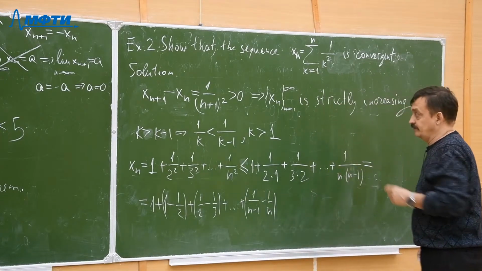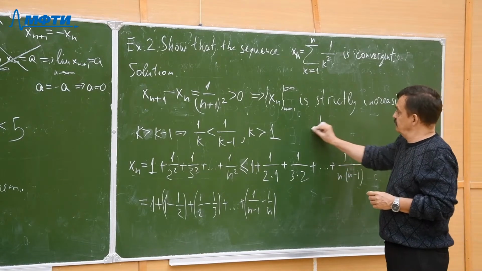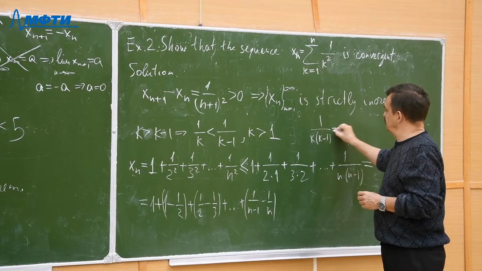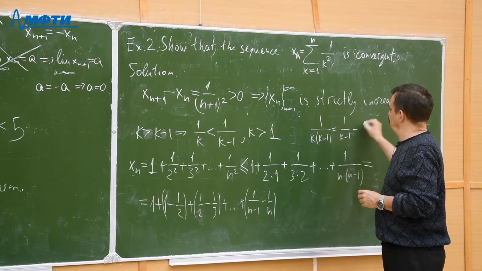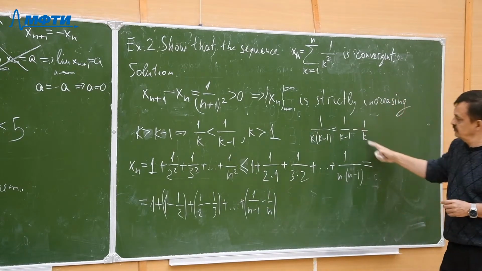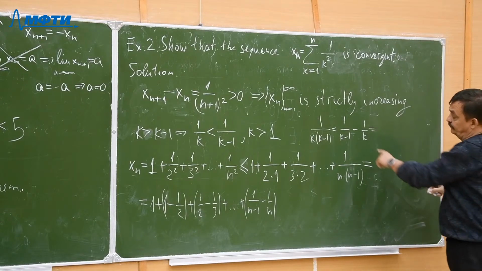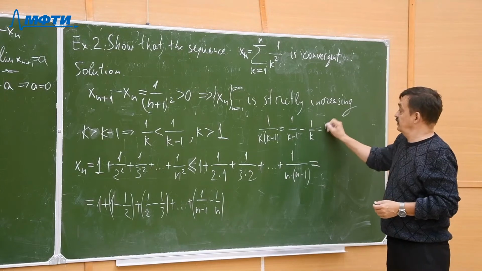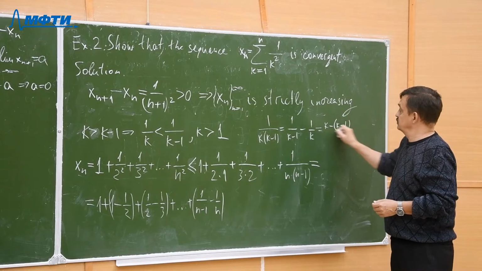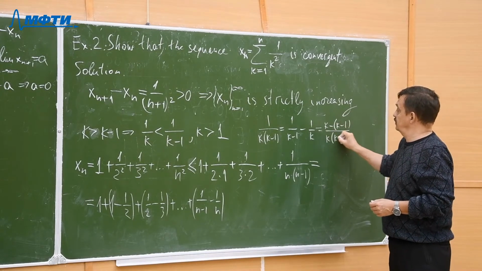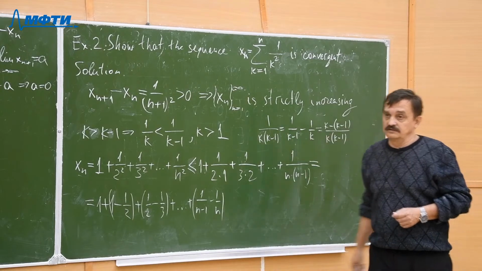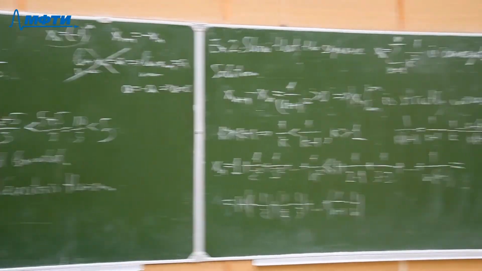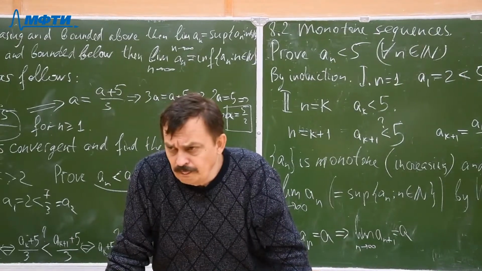So, in general, 1 over k times (k minus 1) equals 1 over (k minus 1) minus 1 over k. Because if you find the difference, you have 1 over k times (k minus 1).